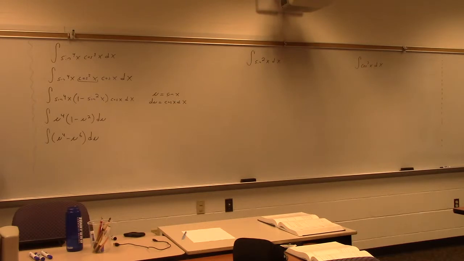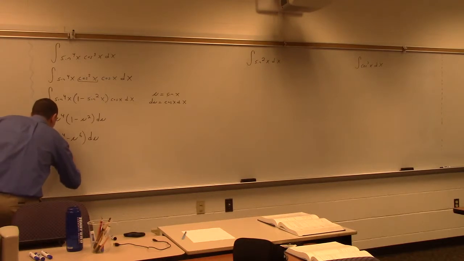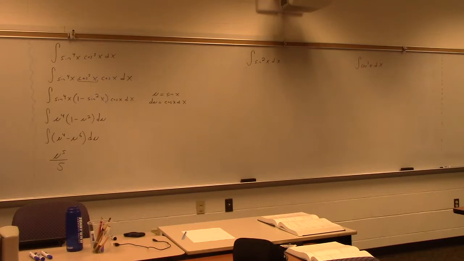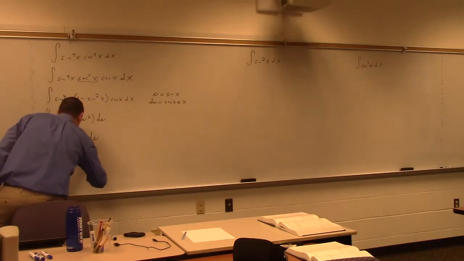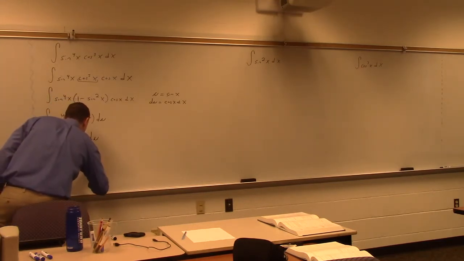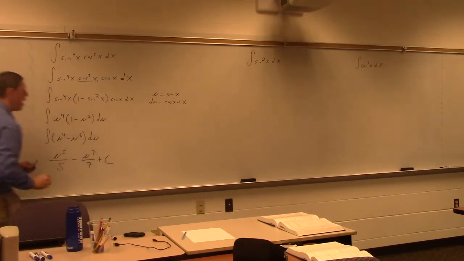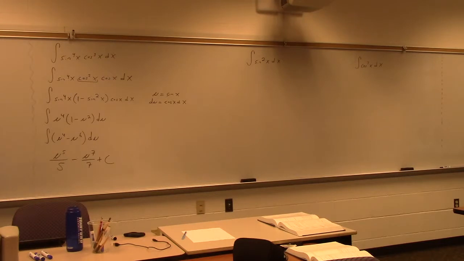And finally, we can integrate those two terms. They integrate very nicely. Okay. So by integration, we add 1, divide by the new exponent, so we get u to the fifth over 5 minus u to the seventh over 7 plus c. And then finally, we can put this back in terms of x rather than u.